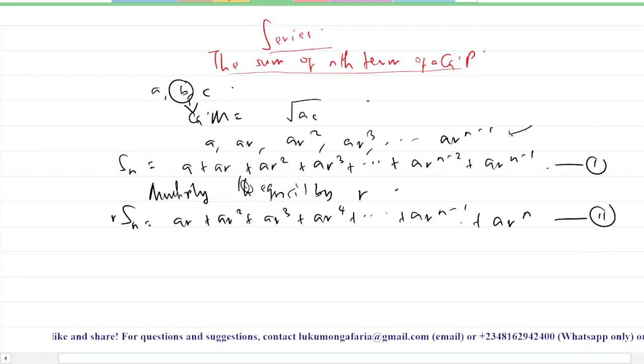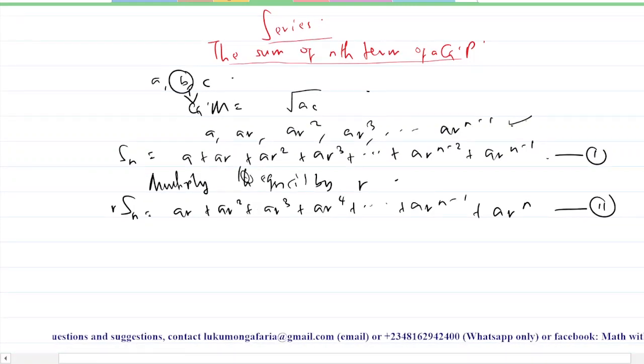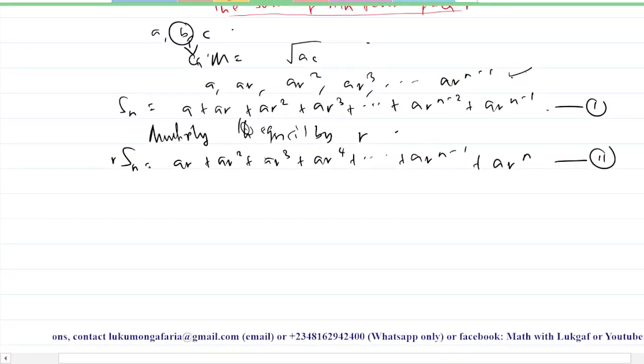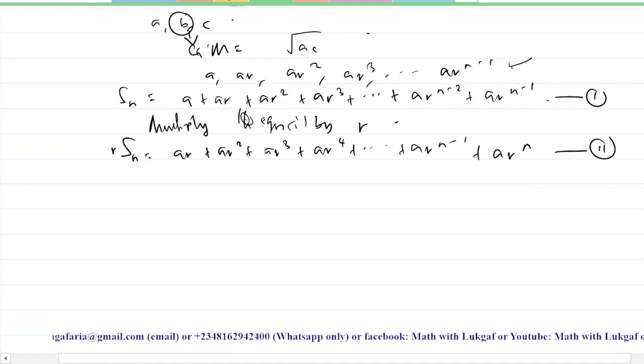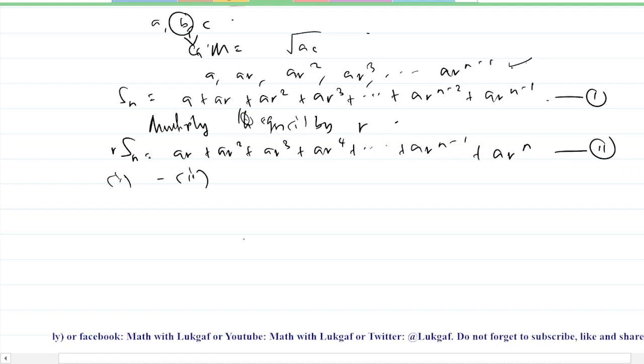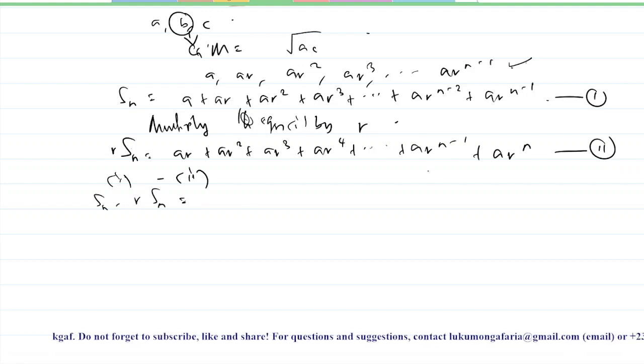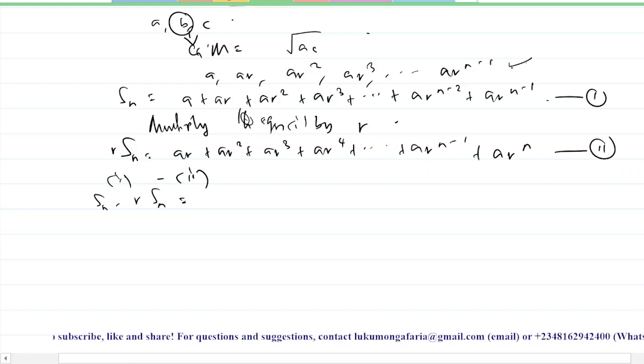So I can subtract equation 1 from 2. Likewise, I can subtract equation 2 from 1. Let us take it one by one. Let's say equation 1 minus 2. That is, you subtract this term from this term. That's going to give me Sn minus R Sn.